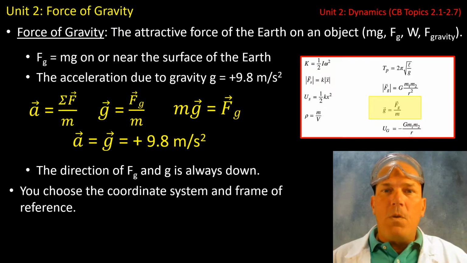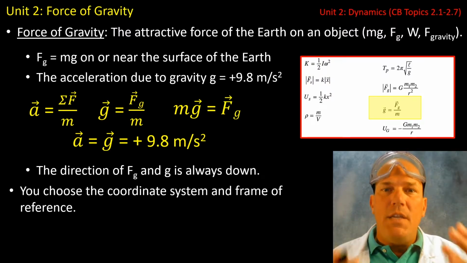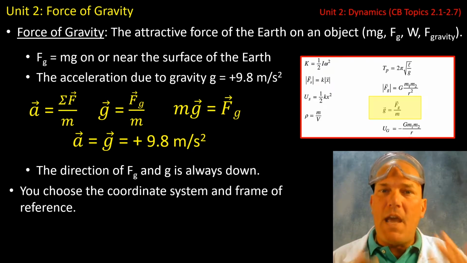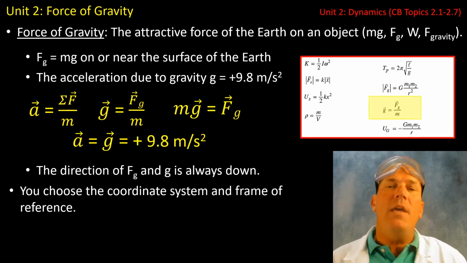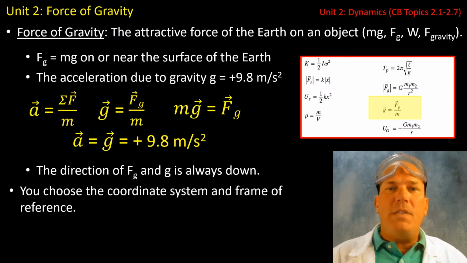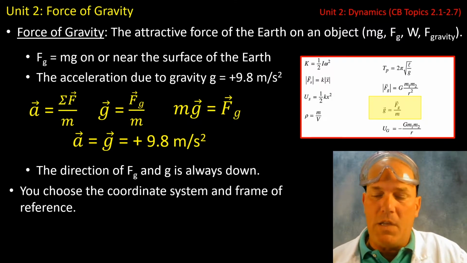However, for the force of gravity, little g is positive 9.8 meters per second squared. And remember, if there is a net force, the acceleration is always in the direction of that net force.